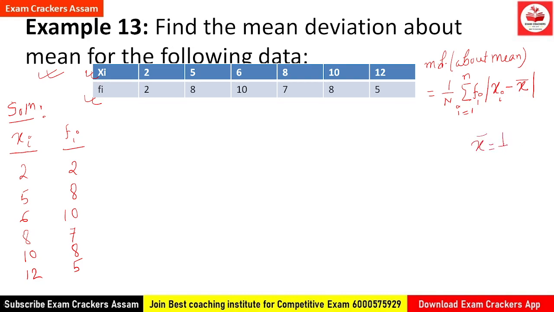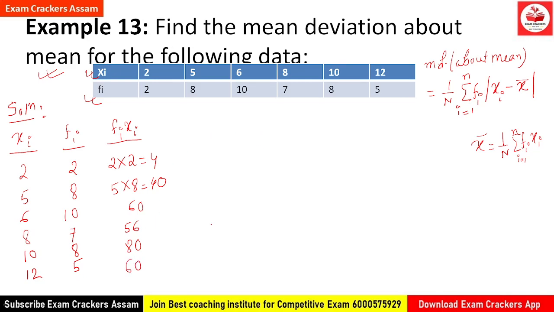So how to calculate? What is your x bar? X bar means 1 by capital N. This is for frequency data. Summation fi xi, i goes from 1 to small n. Okay, so we need fi xi. So fi xi means 2 into 2 is 4, 5 into 8 is 40, then 60, then 56, then 80, and the last one is 60.